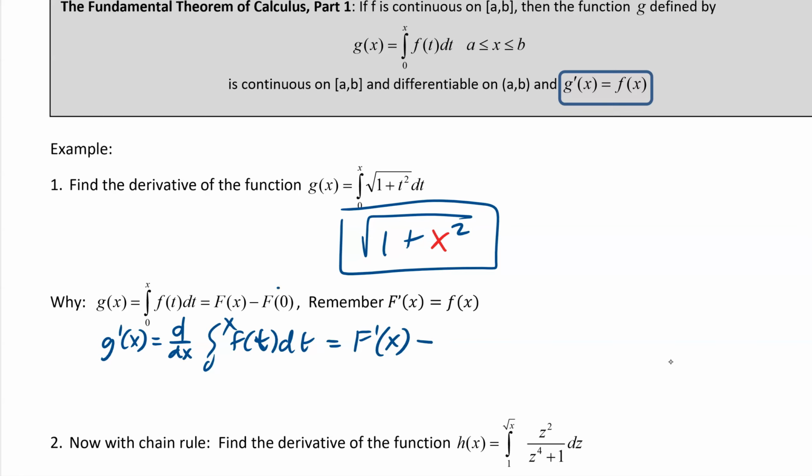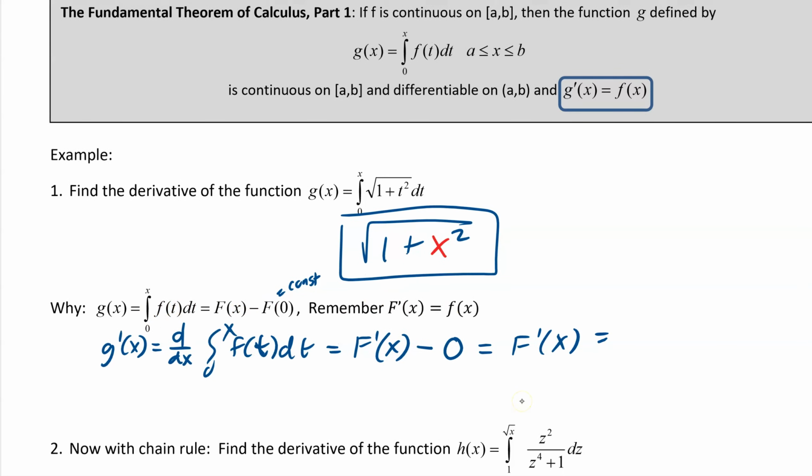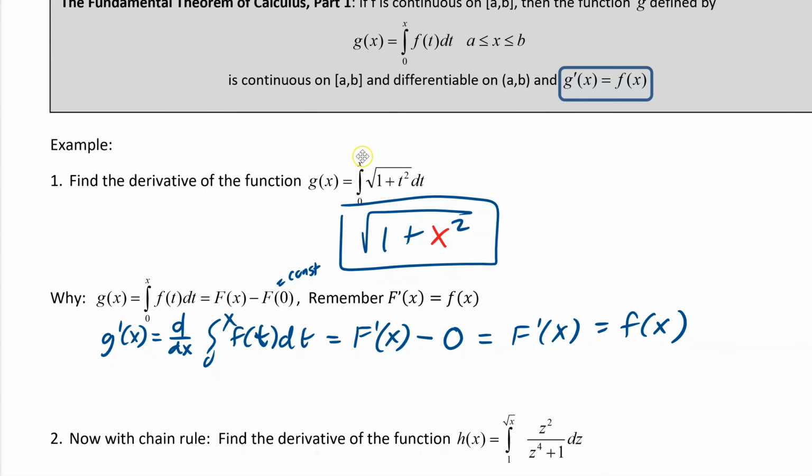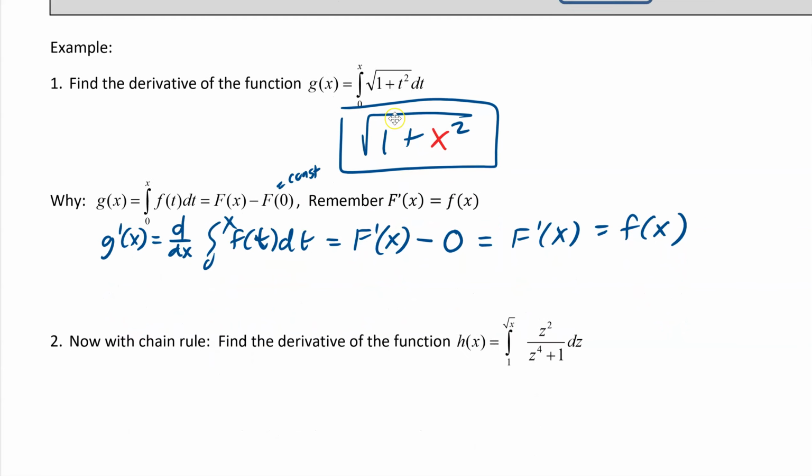Minus, and this is a constant, right? So that becomes 0. And so what do I end up with? F prime of x. But what is F prime of x? Well, F prime of x, this is our antiderivative. That was our derivative. So it just becomes f of x. So you got a t here. The x goes in. Now it becomes f of x. That's all you have to do then, is just plug the x in for t, as long as it's 0 to x.